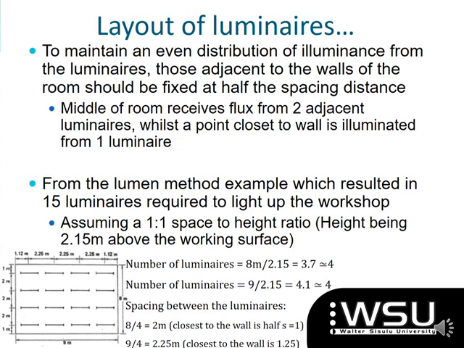So you can see on the 9-meter side, I've put my luminaires in, the first one being 1.125 meters away, then the next one 2.25, then 2.25, then 2.25, and the last one being 1.125. And that is it, guys, from my side talking about the luminaires.